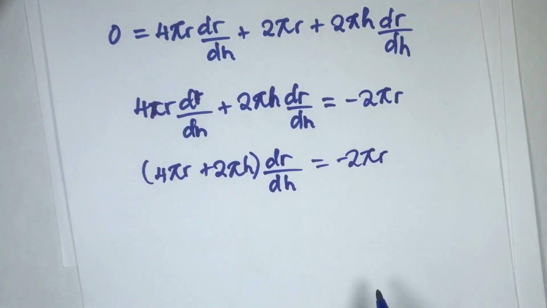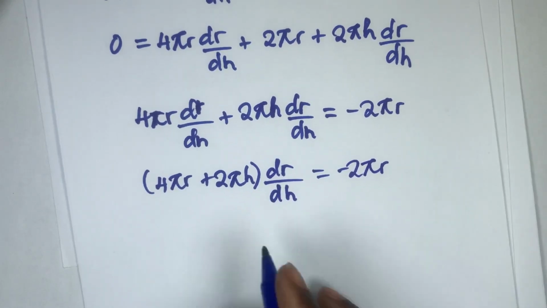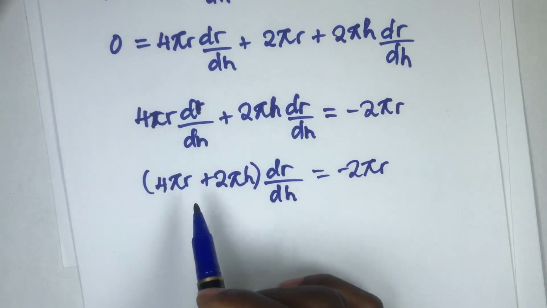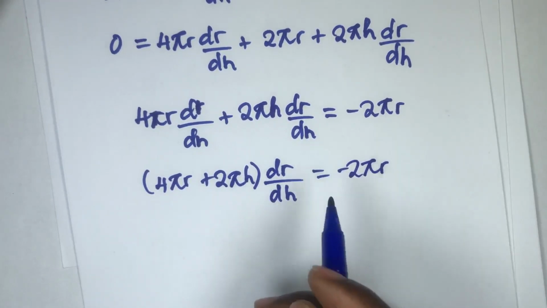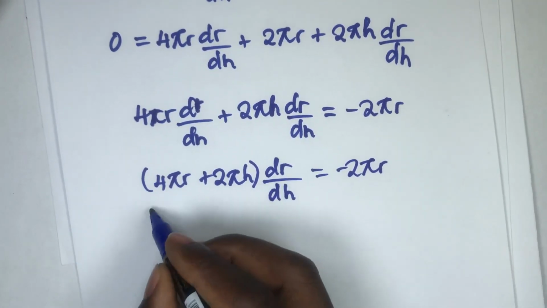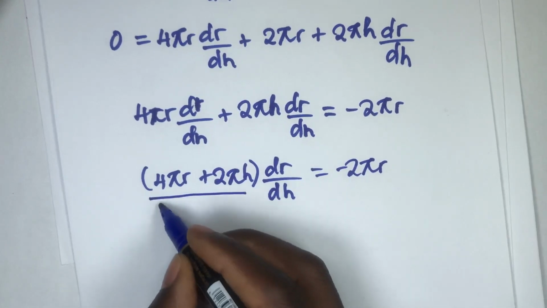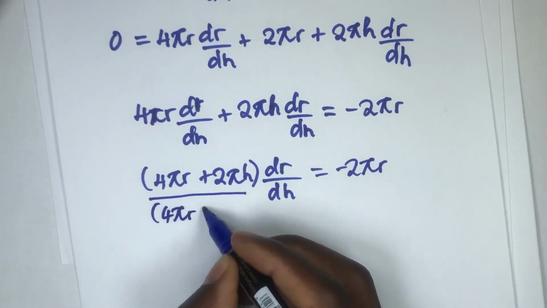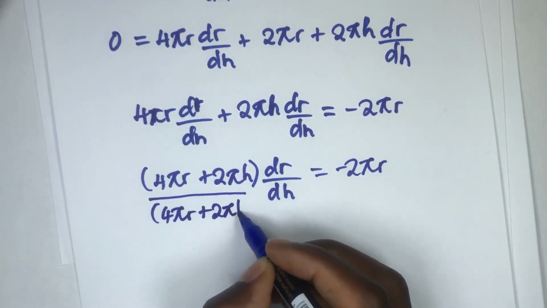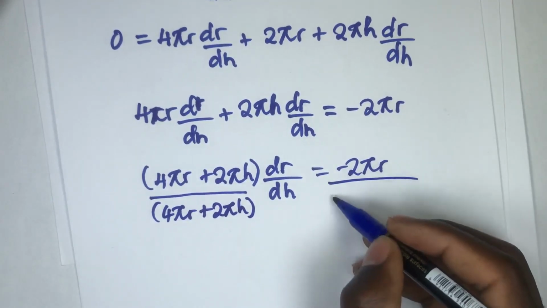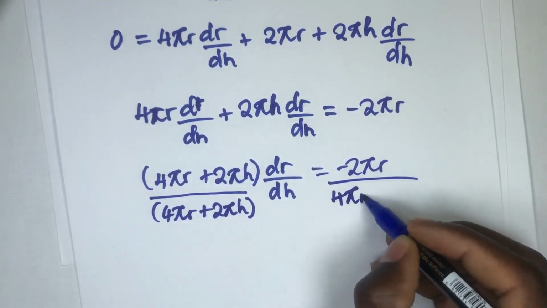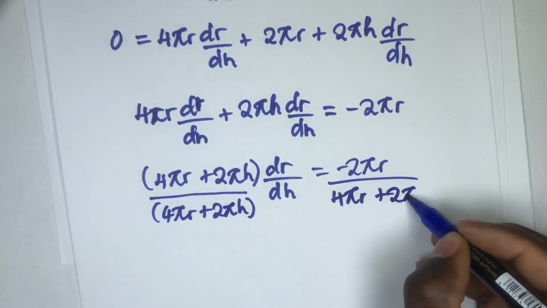Since we've been taught that we find dr/dh, what we do here is divide both sides by 4 pi r plus 2 pi h. So we divide this side by 4 pi r plus 2 pi h and divide this side by 4 pi r plus 2 pi h.